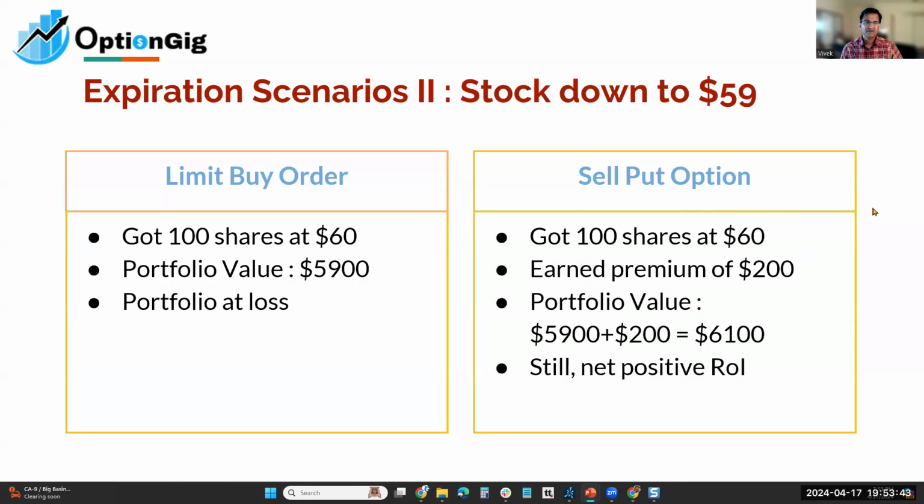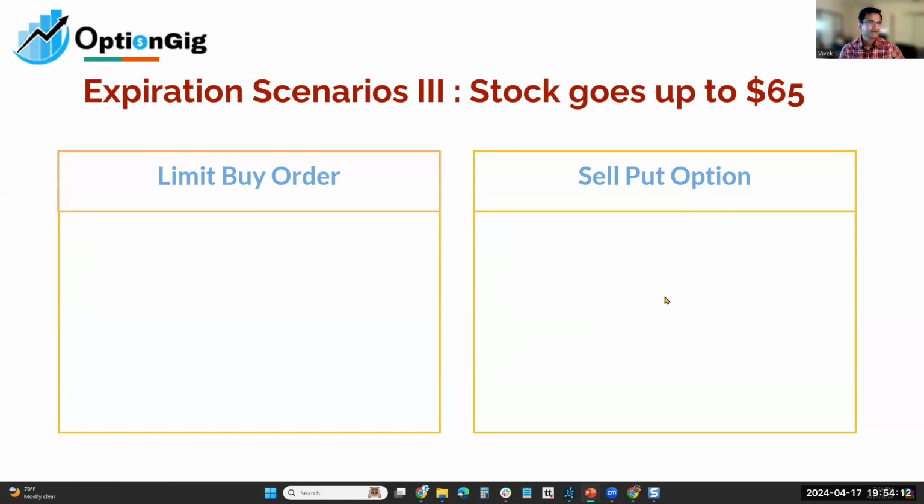In this scenario, your portfolio value is 100 shares of PayPal trading at 59, plus you received $200 earlier as option premium. You're still positive. Stock has gone down, but you are still net positive. Isn't that beautiful? Why would I not sell this?